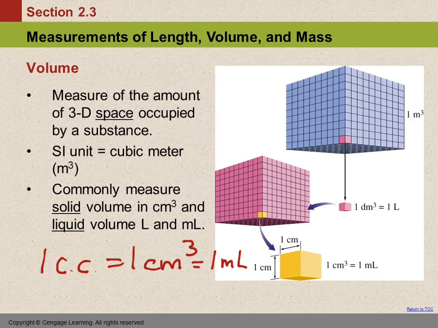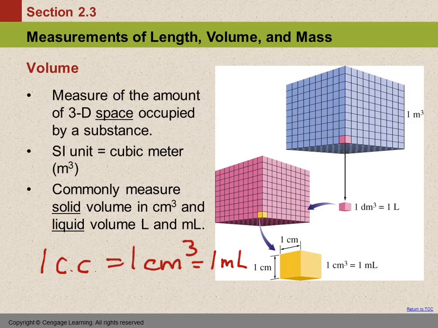So when we talk about solids, we tend to talk about them in terms of length cubed. So a cubic centimeter, a cubic meter. And if we talk about liquids, we tend to use milliliters and liters as the volume. I think we all have a pretty good idea of how big 2 liters is, right? A 2-liter bottle of soda. That's one metric thing that we've really gotten used to.